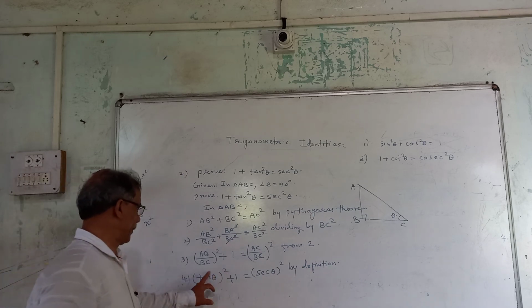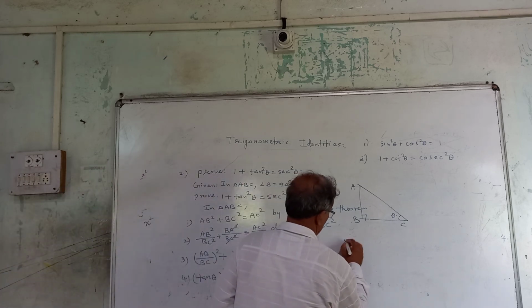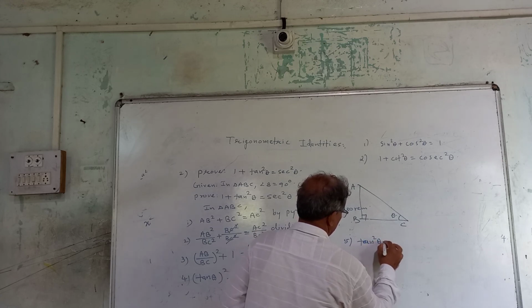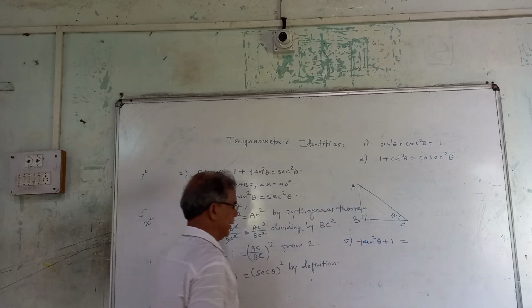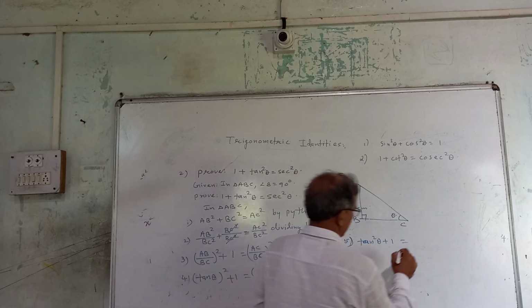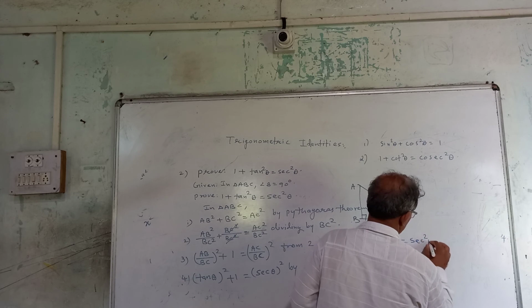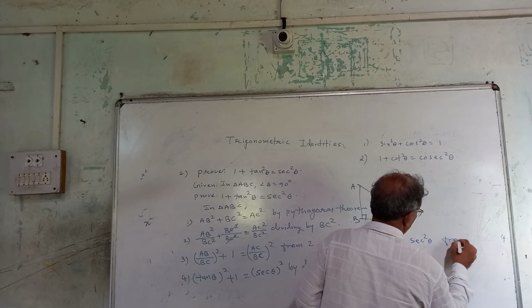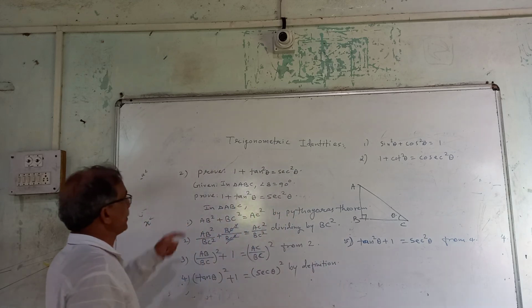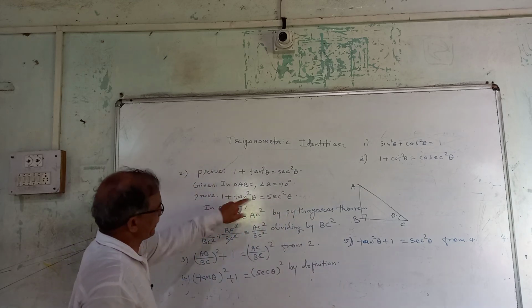Now we can take this square inside, number 3. So tan square theta plus 1 is equal to what? Sec square theta from 4. Now here it is given as 1 plus tan square theta.